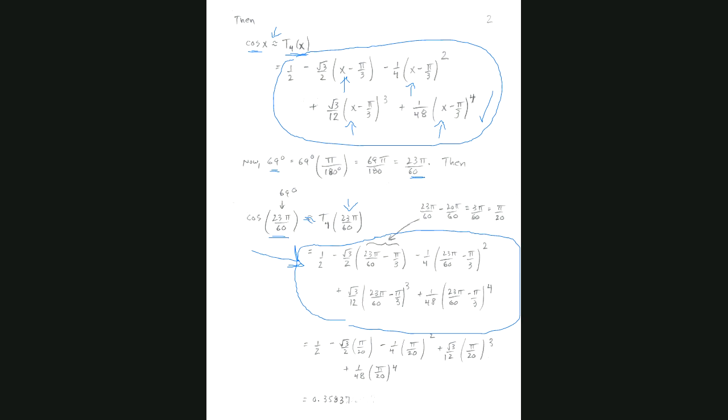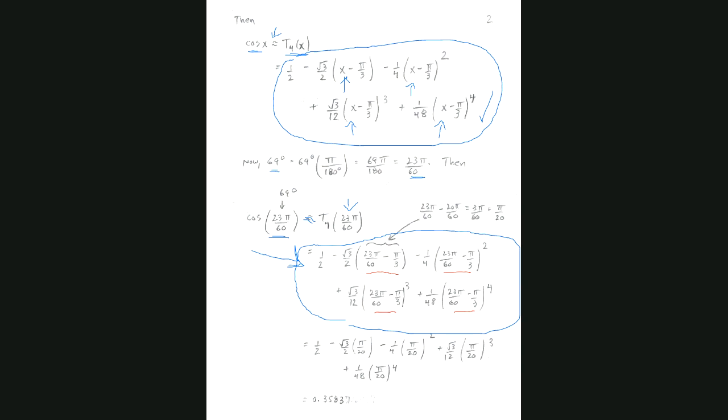Okay, now to simplify our life, you notice you have the 23 pi over 60 minus pi over 3, and you see it 4 times. Well, when I compute this approximation, I don't want to do this subtraction 4 times. So I note that 23 pi over 60 minus pi over 3 is the same as 23 pi over 60 minus 20 pi over 60.